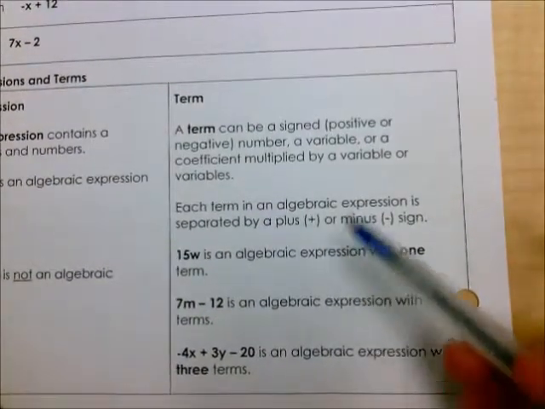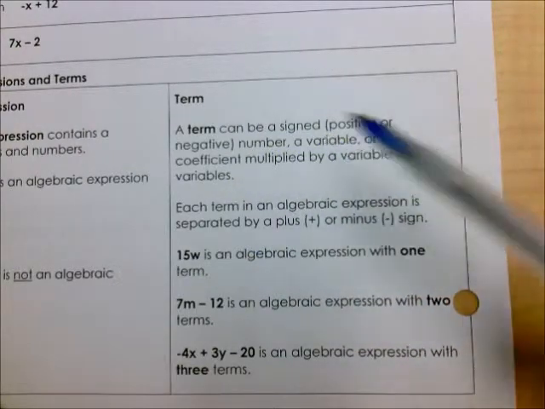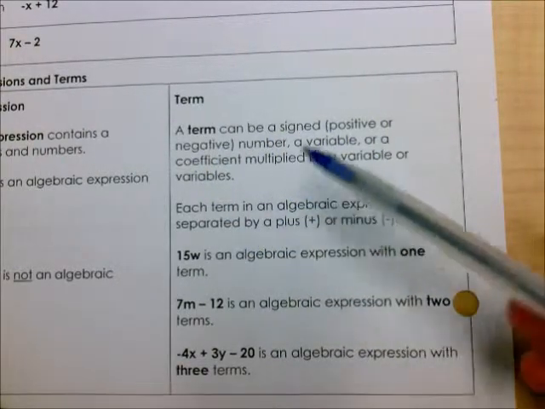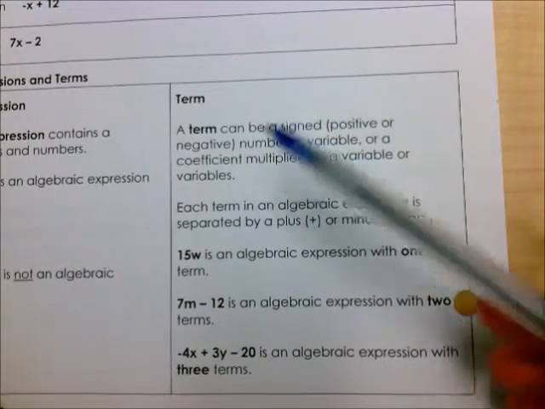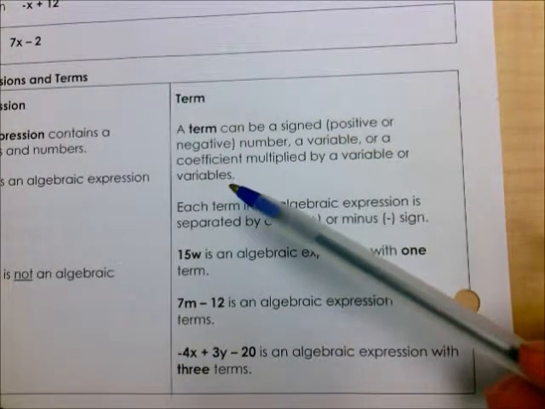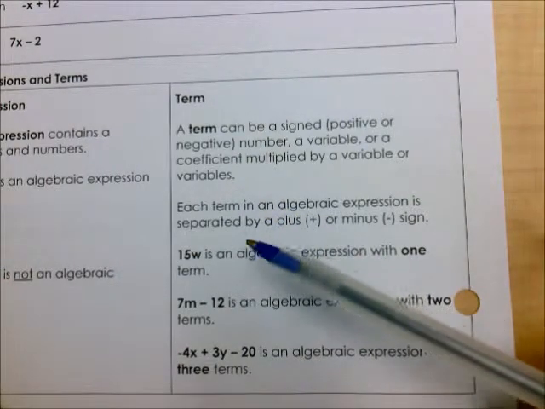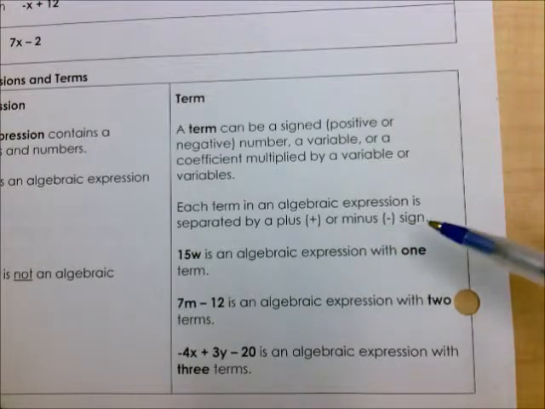A term. I told you I was going to do this in a second, but a term can be assigned a positive or negative number, a variable, or a coefficient multiplied by a variable or variables. That's multiple. Each term in an algebraic expression is separated by a plus or a minus sign. That's what I was talking about in the front.